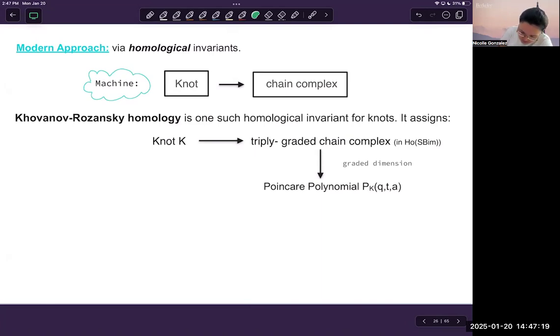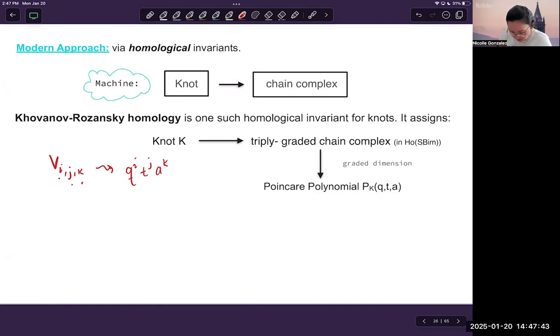What I mean by this is, let's say you have a vector space and it has 3 gradings. So let's say it's V_ijk, where i, j, k denote the 3 distinct gradings associated to your vector space. Then to this, you can assign something of the form q to the i, t to the j, a to the k. So each of the gradings becomes the exponent of your variables. That's really all that's happening here.